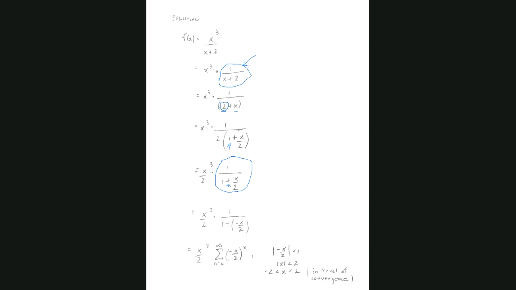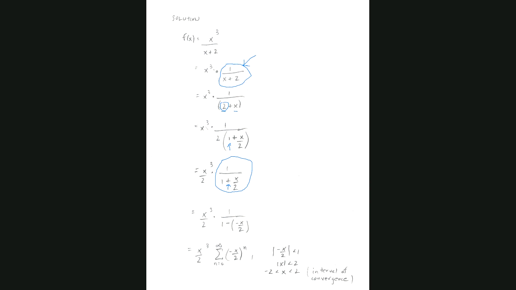Well, are there any questions so far? All right, so we have a 1 plus x over 2 in the denominator, but we don't want a plus there. We want a minus there. So I can write 1 over 1 plus x over 2 as 1 over 1 minus negative x over 2. We can do that. And so now you're ready to apply the Apple formula.